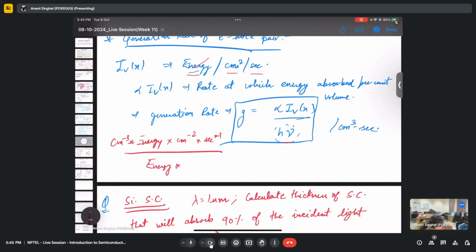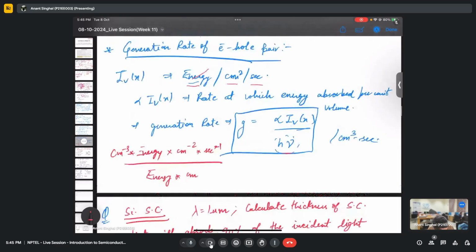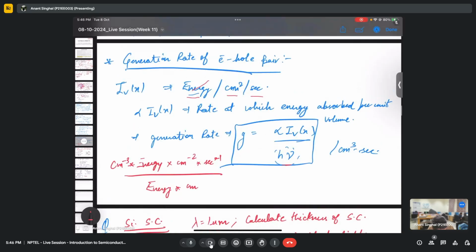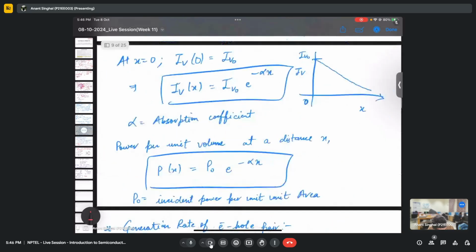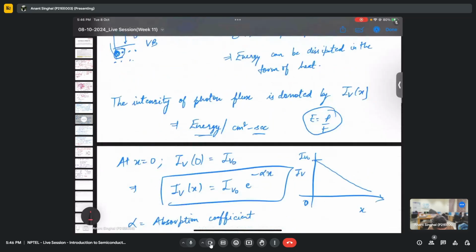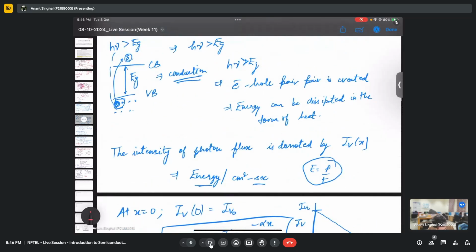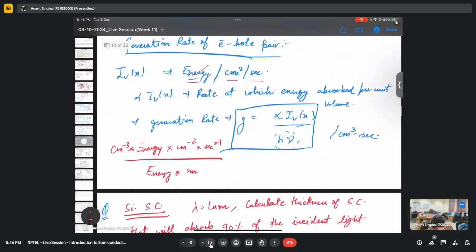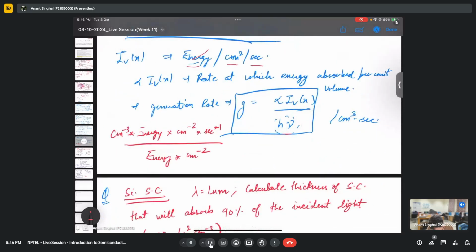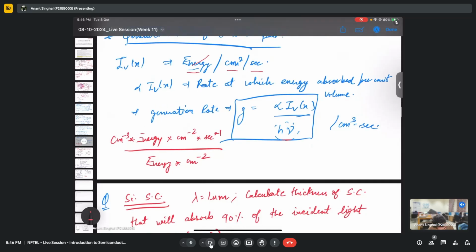So this h nu should be energy, so is this coming out to be what I want? Yes, sir. I hope you know now, this is per centimeter cube per second.